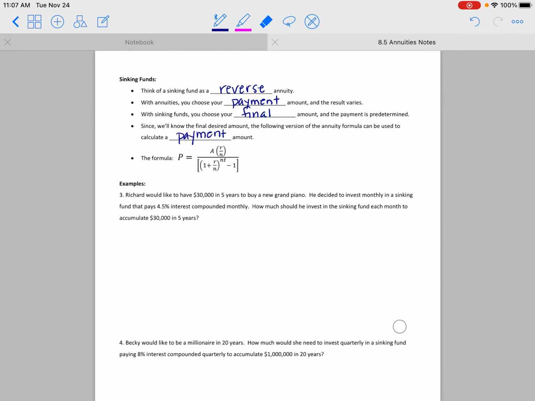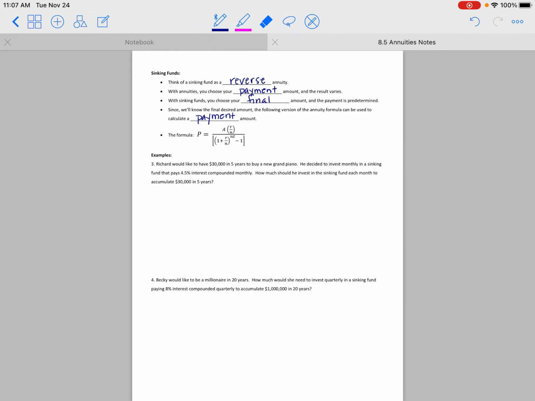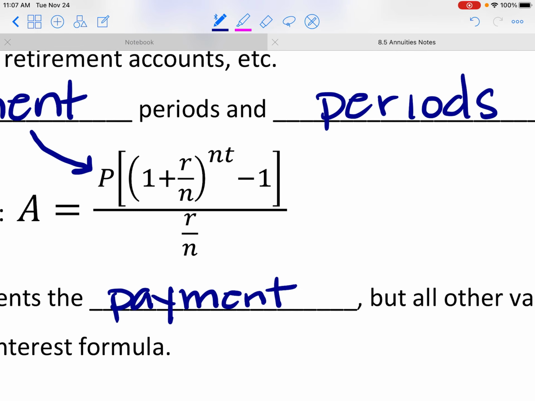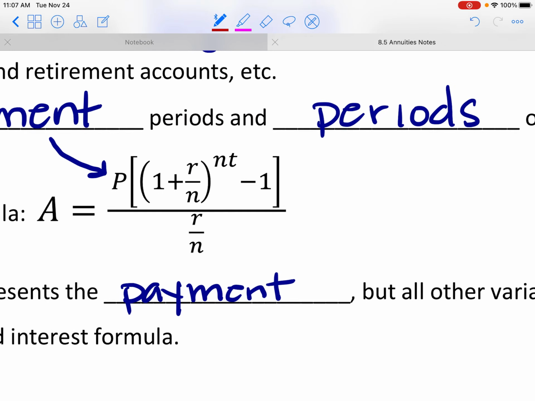Now let me take you back to that other formula for a second so you can see. If we wanted to solve this formula for P, first there's this division by R over N, so I would multiply both sides by R over N, and those would cancel.